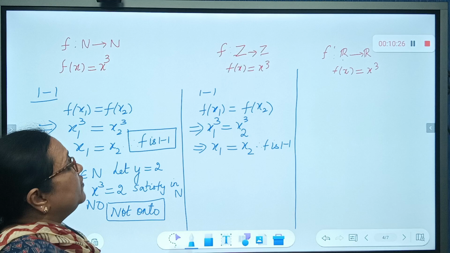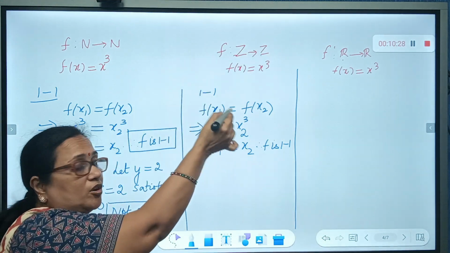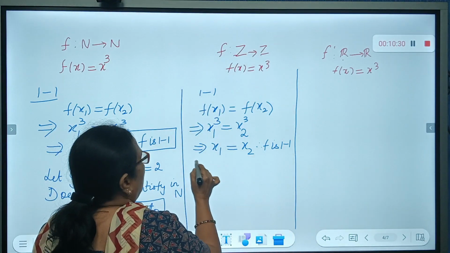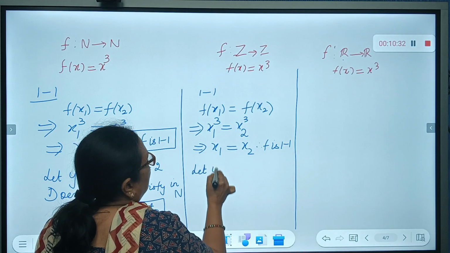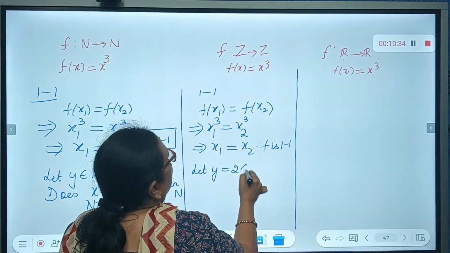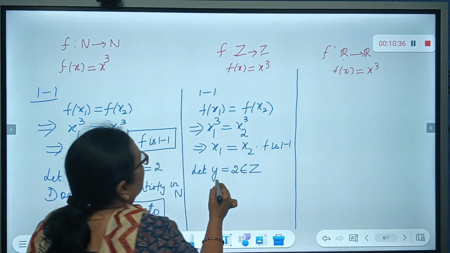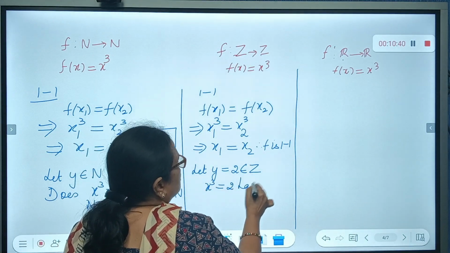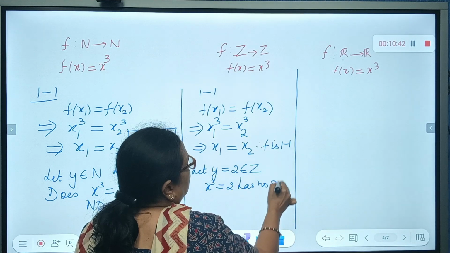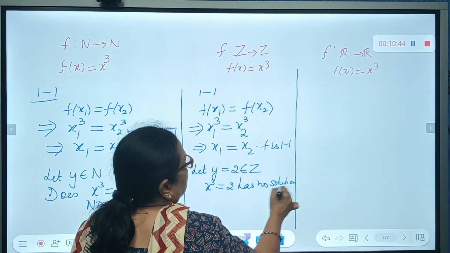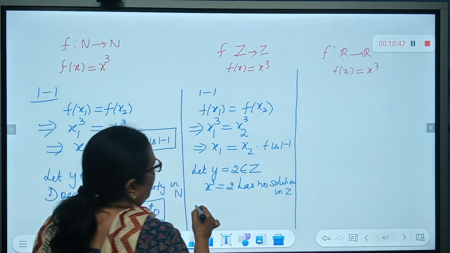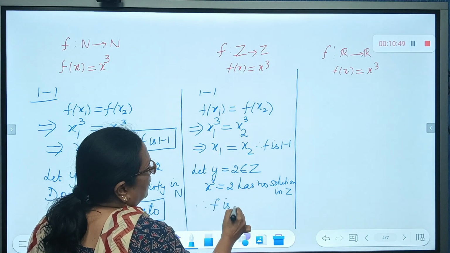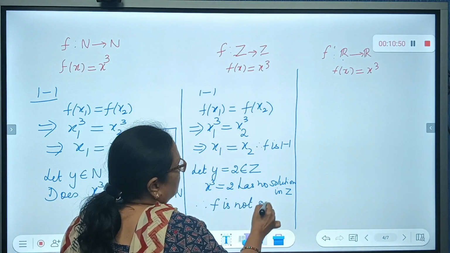What is Z? Z is the set of integers. Let me take the same y. Let y be equal to 2 in Z. x cube equal to 2 has no solution in Z. Therefore, f is not onto.